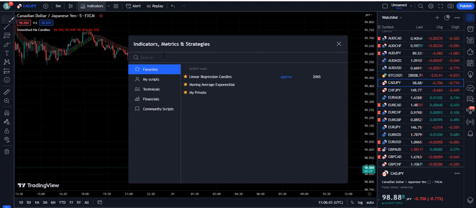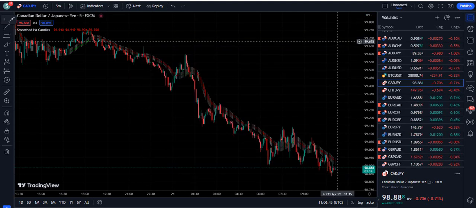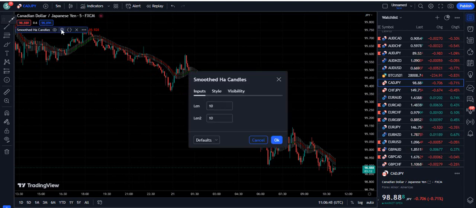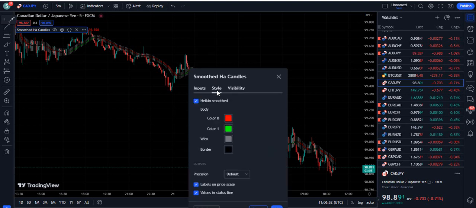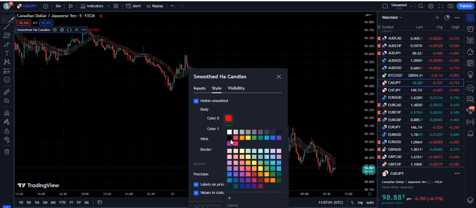Okay guys, let's not confuse ourselves, because first of all, let's do the settings. I think it will be better if we do the settings of the smoothed Heikin-Ashi candle. Okay guys, the only thing that we are going to change in the style section, you can see we have the option of wick here.